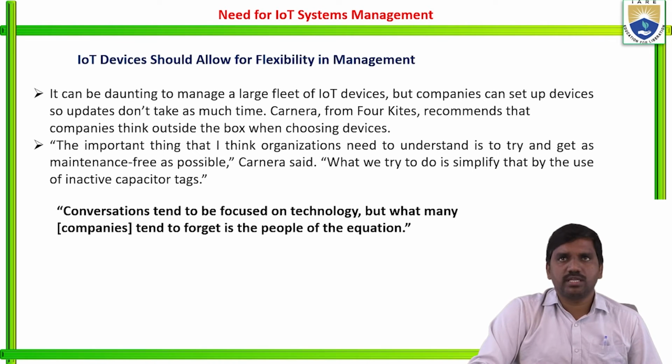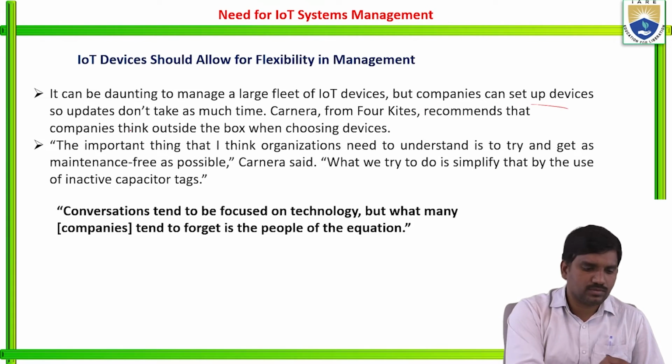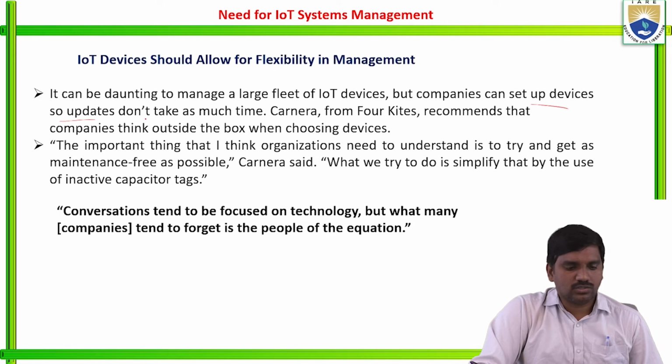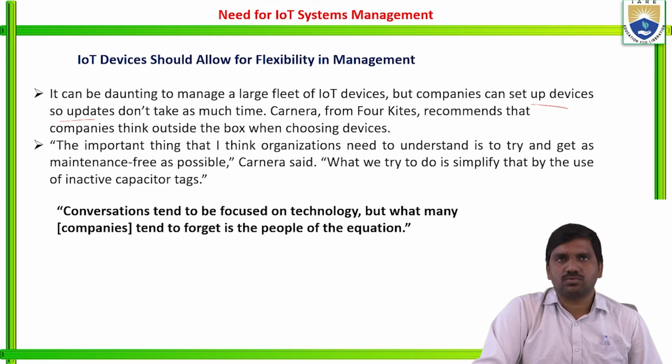Next, flexibility in management. It can be difficult to manage a large fleet of IoT devices, but the companies can set up and update them. A scientist from Four Kites recommends that companies think outside of the box when choosing the devices. The more important thing that I think organizations need to understand is to try to get as maintenance free as possible.